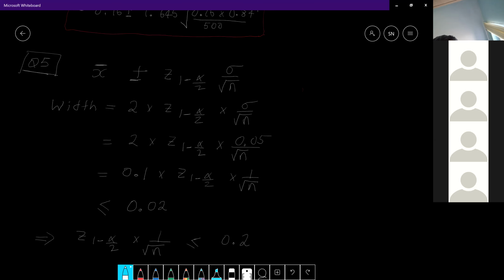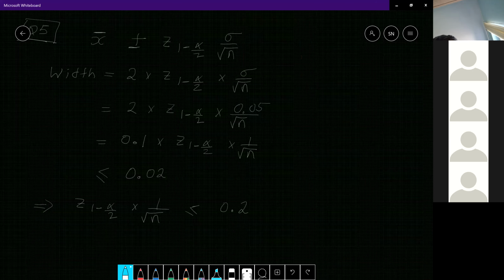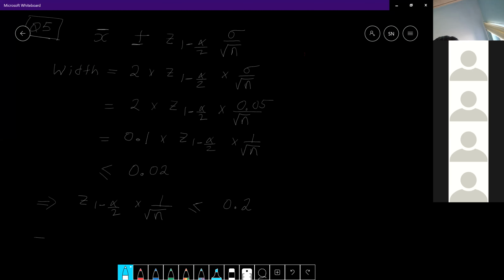And this implies that the square root of n must be greater than or equal to z_{1-alpha/2} over 0.2, correct me if I'm wrong.